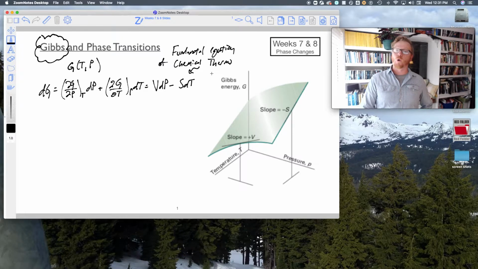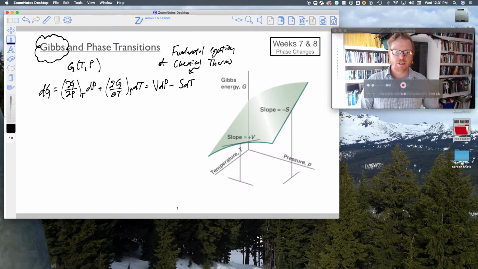Eventually, when we expand on this beyond the canonical ensemble, where we're not really considering the number of moles, as we add on what happens to change the number of moles, that will give us an even better representation of the fundamental equation of chemical thermodynamics.